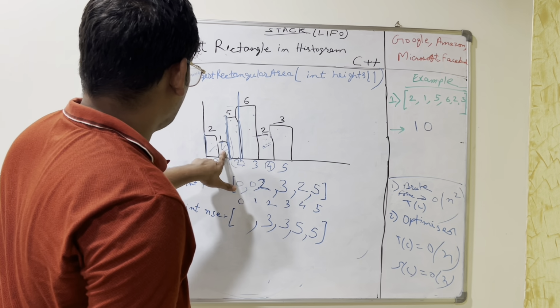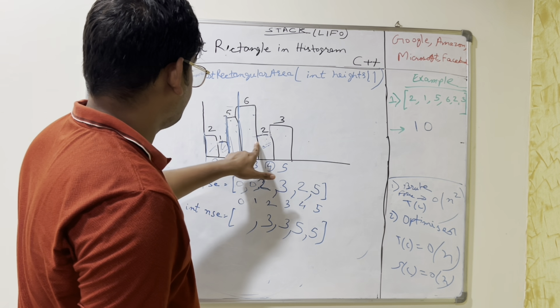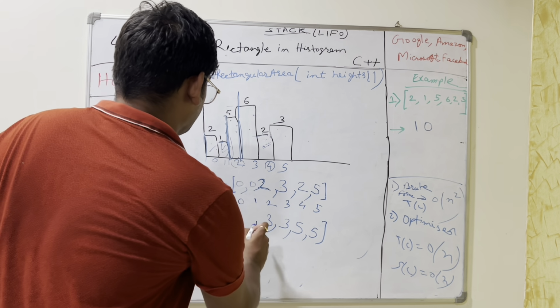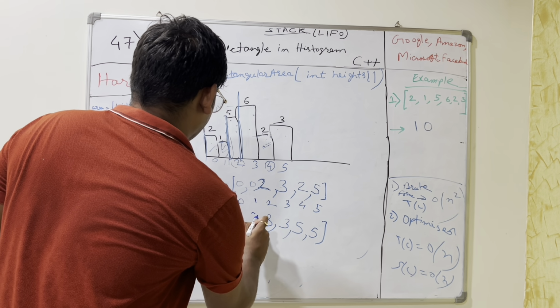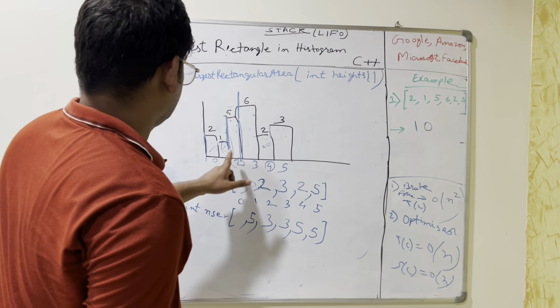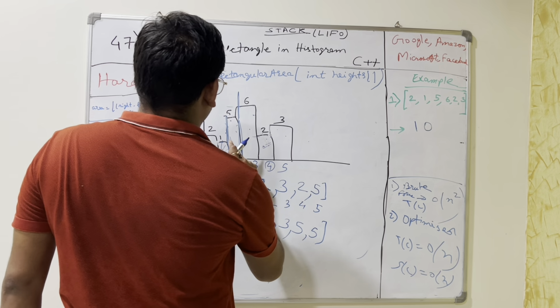And for 1 we can see all of them are greater than 1, so its index should be 5, right.